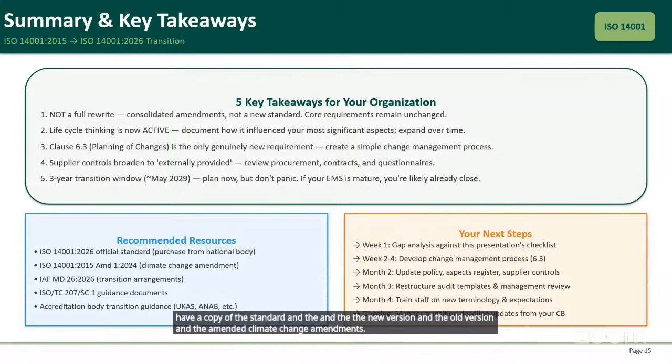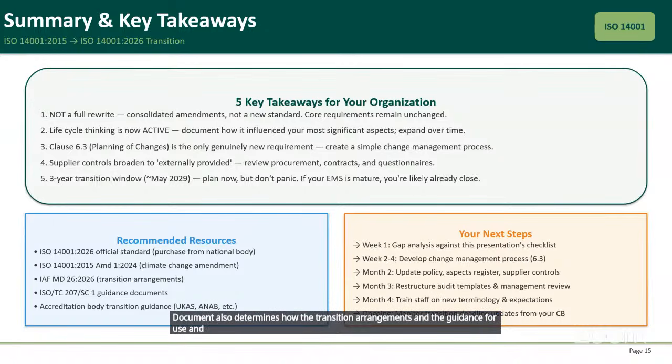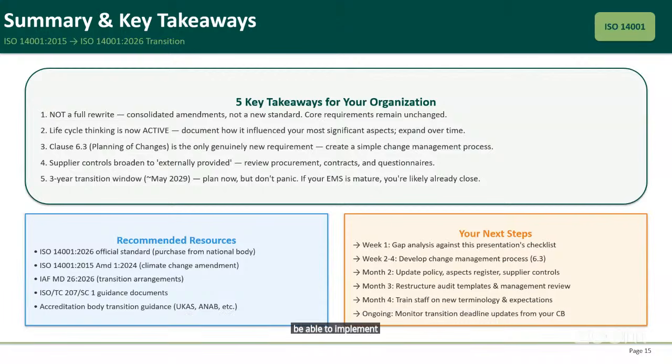I also have a document on the transition arrangements and the guidance for use, and other documents that can come from certification bodies and accreditation bodies. Go through those documents that you see online, study them, and implement and improve your processes.